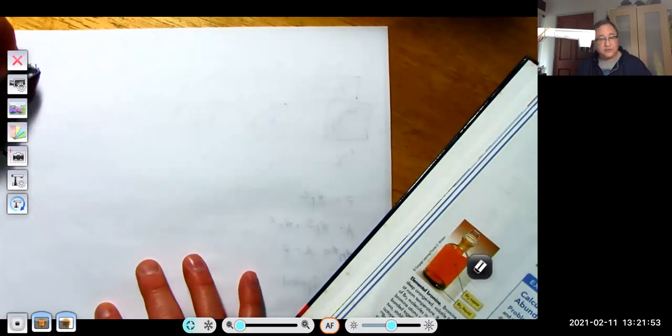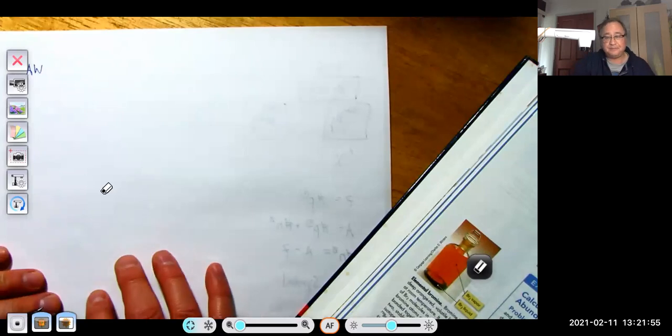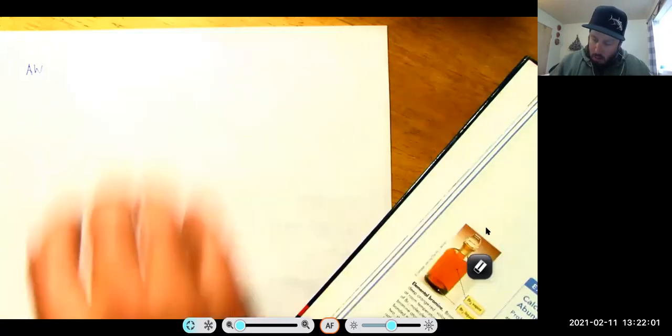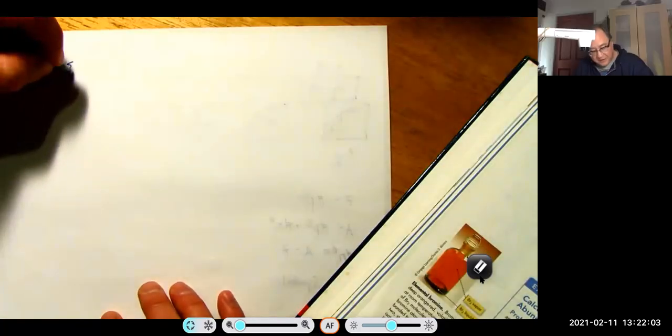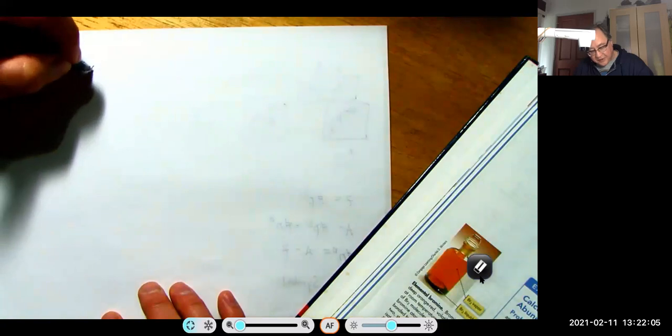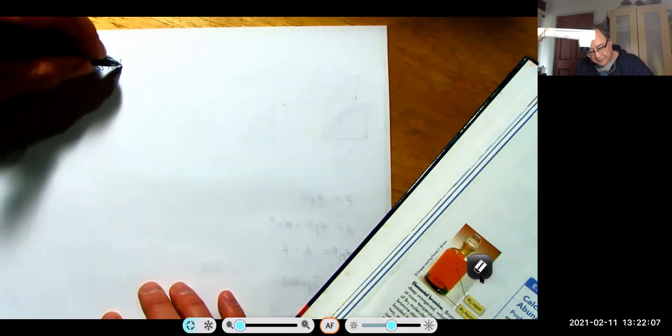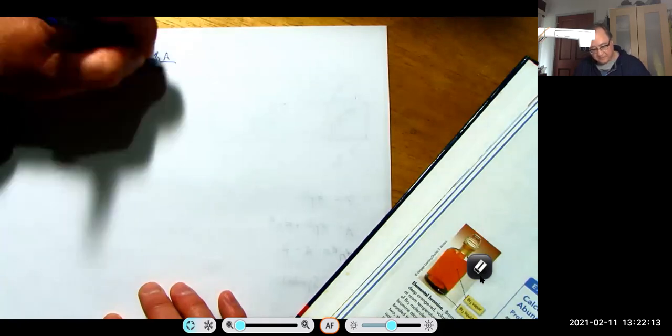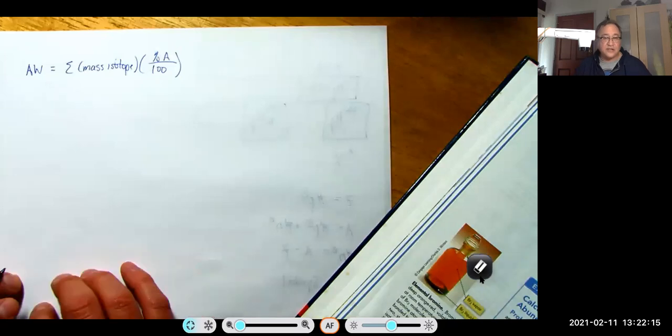AW, which stands for atomic weight, is equal to the sum of the mass of the isotope times the percent abundance of the isotope over 100. So that's the formula.